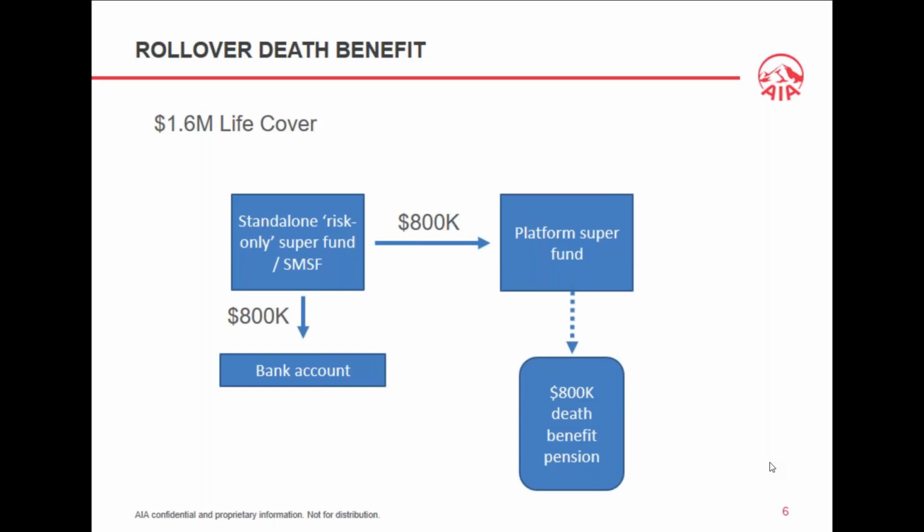The second instance there is, imagine if that $1.6 million life cover, instead of it being housed within a standalone risk-only super plan, was held within a self-managed super fund. In that instance, perhaps the objective is for mum, being the surviving spouse, to simplify her affairs.